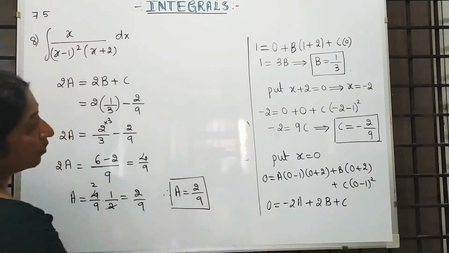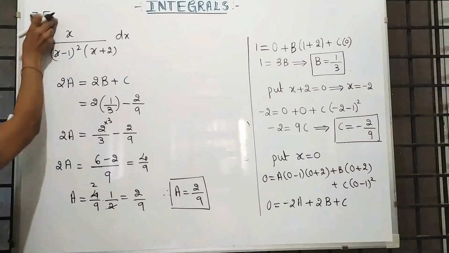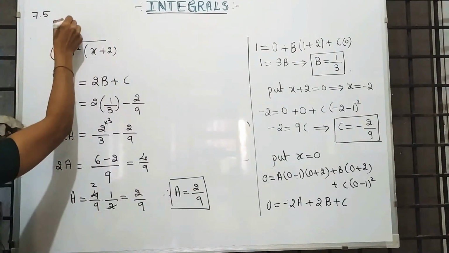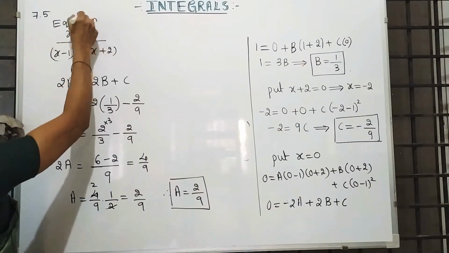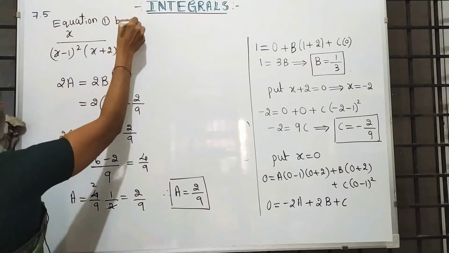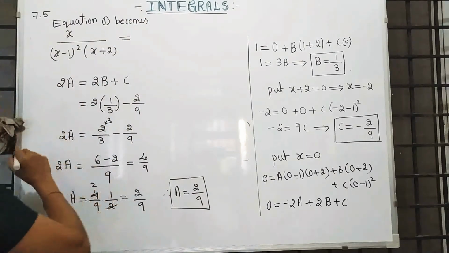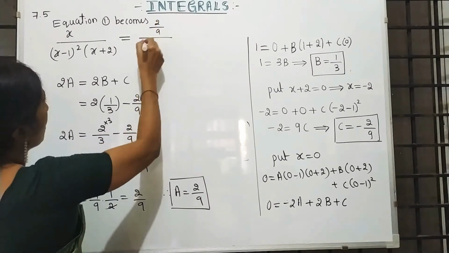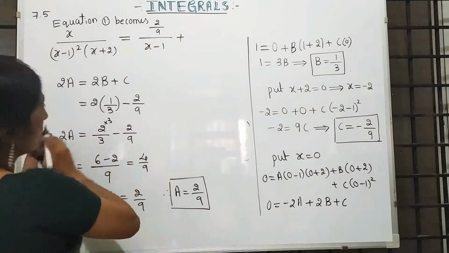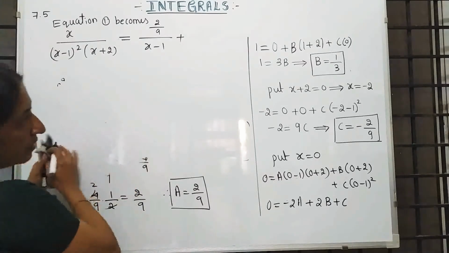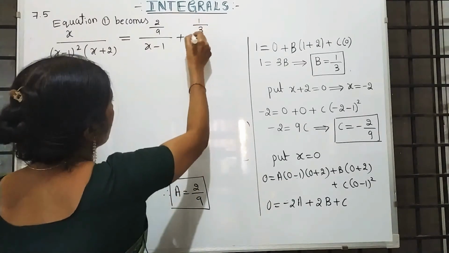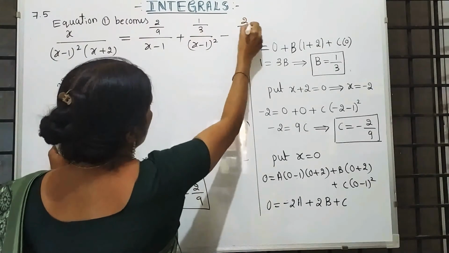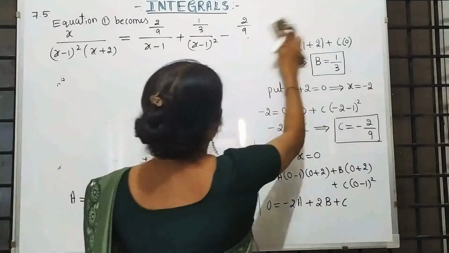We have calculated all the three values. Then write down in equation 1. Therefore, equation 1 becomes x upon x minus 1 whole square, x plus 2. That a is 2 by 9 x minus 1 plus b is 1 by 3, 1 by 3 x minus 1 whole square, and c is minus 2 by 9 x plus 2.